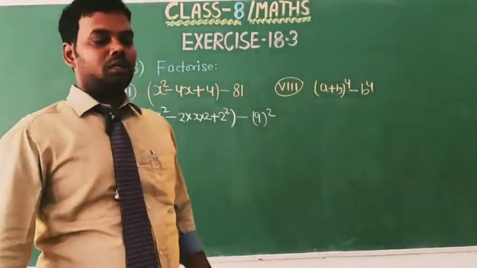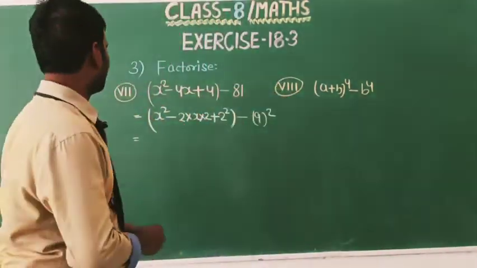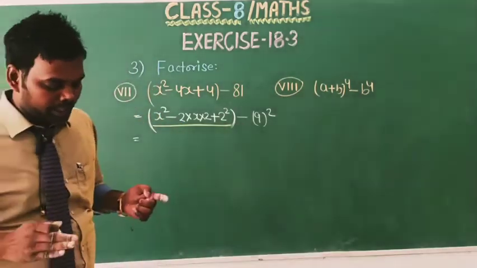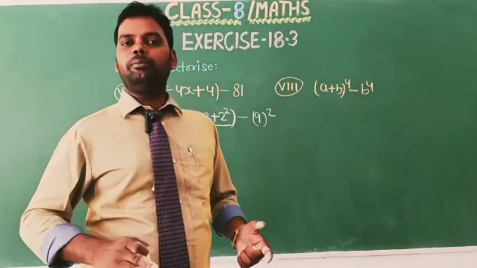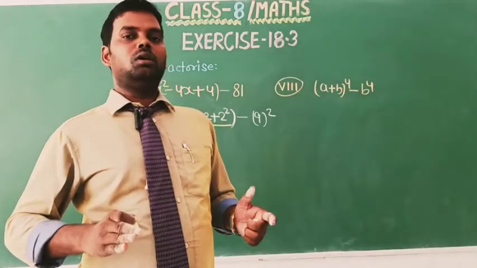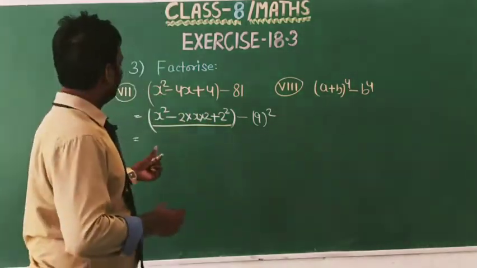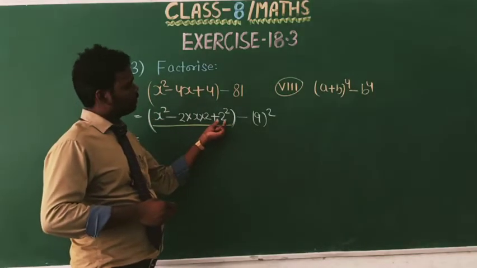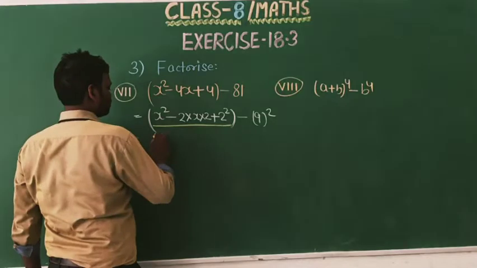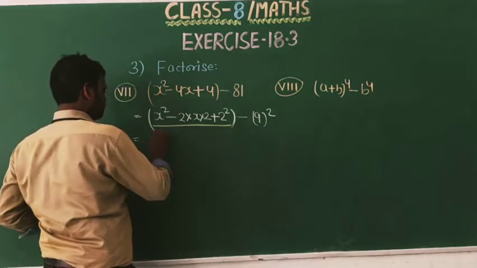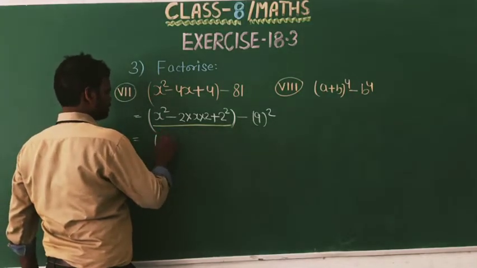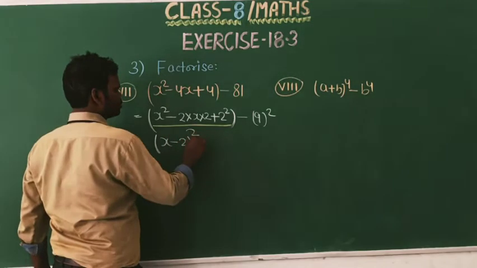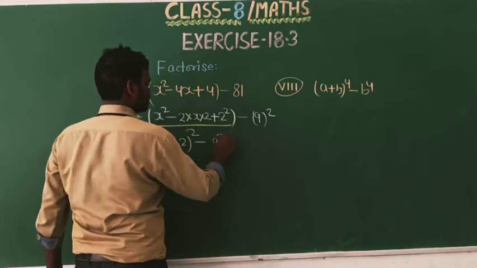Okay, now over here using the identity a square minus 2ab plus b square equal to (a minus b) whole square, here a is x and b equal to 2. So this is (x minus 2) whole square minus 9 whole square.